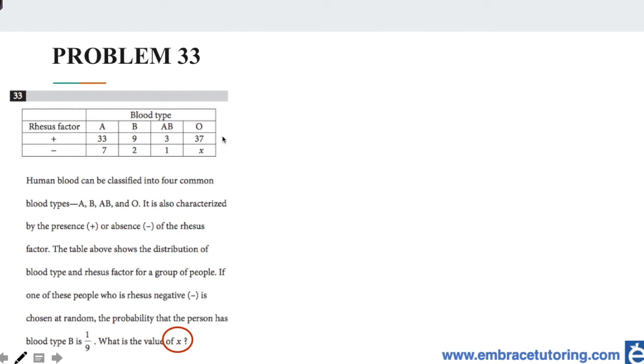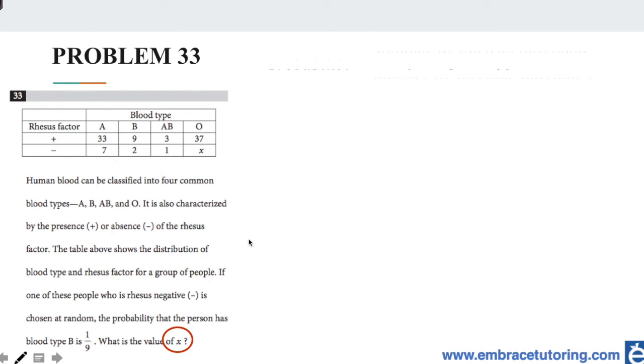So quickly skimming up to my table, I see x here is a part of the overall negative group, really O, but quickly notice that O, AB, B, and A, all negative, are all a part of the negative group in total.